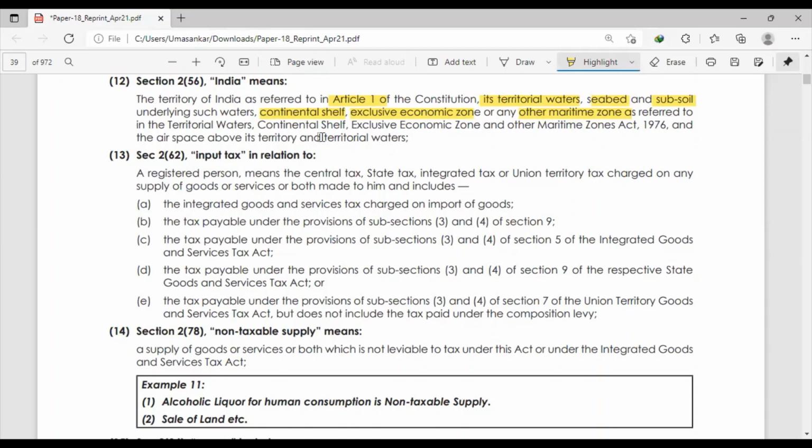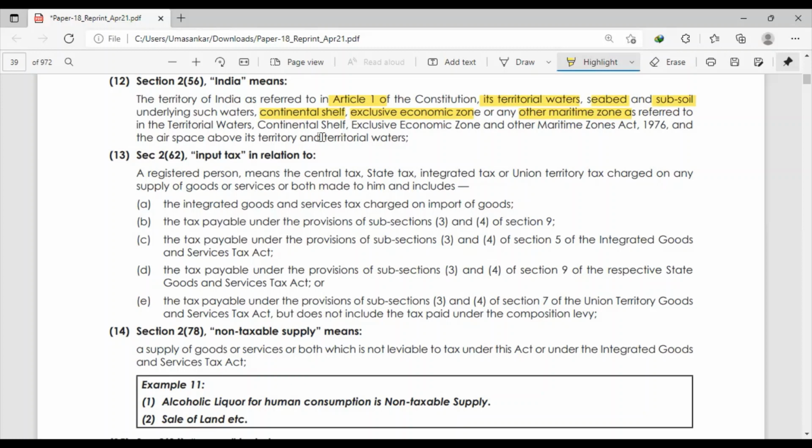So, this you might already have read during our schooling times in social studies, obviously. Territorial water means, from the land mass of our India map, we consider 12 nautical miles; that comes under territorial water. Below the territorial water, the soil is called seabed and subsoil.